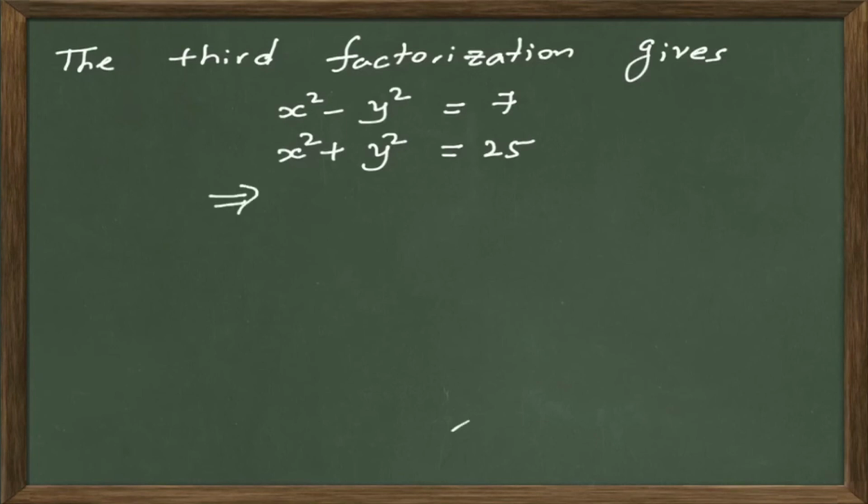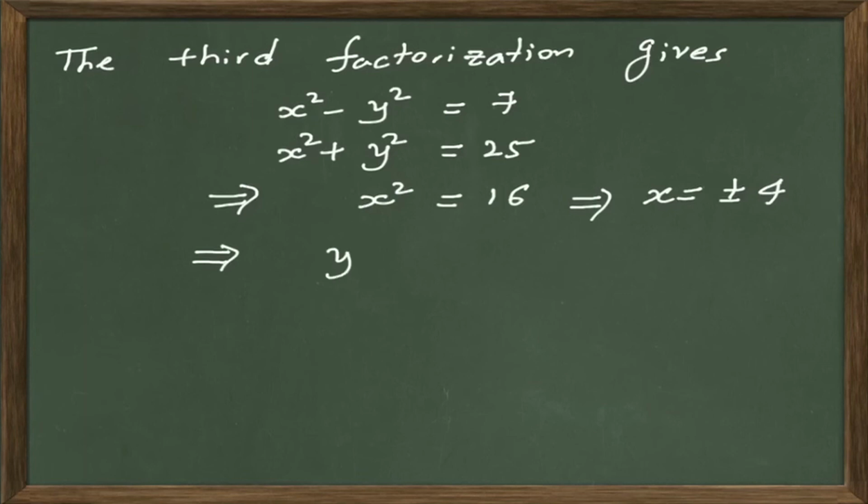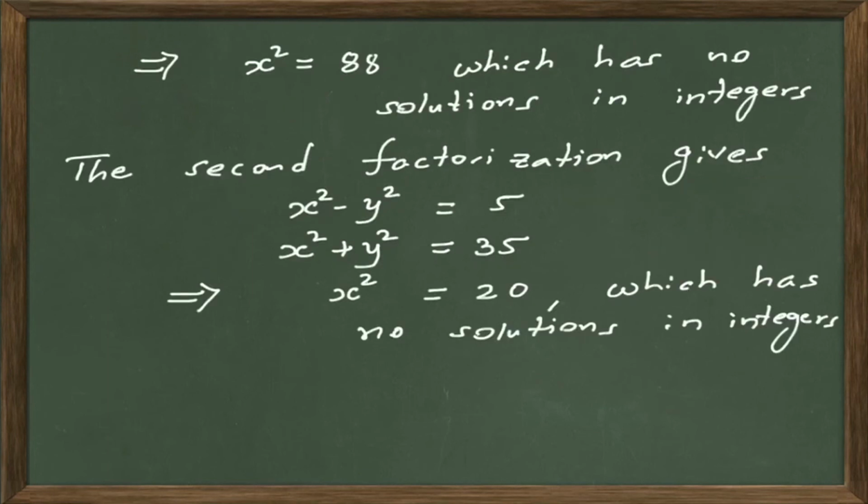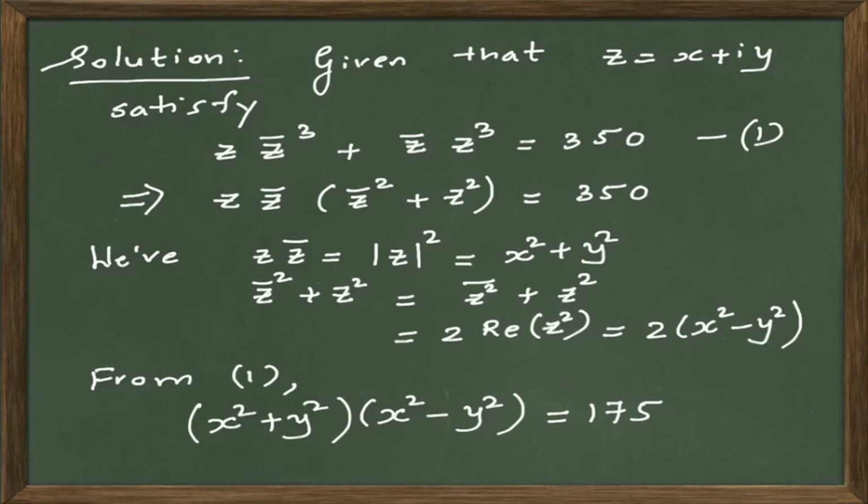This implies that x squared is equal to 16 and hence x is equal to plus or minus 4. This in turn implies that y squared is equal to 9 and hence y is equal to plus or minus 3. These are the four integral solutions of equation 1.